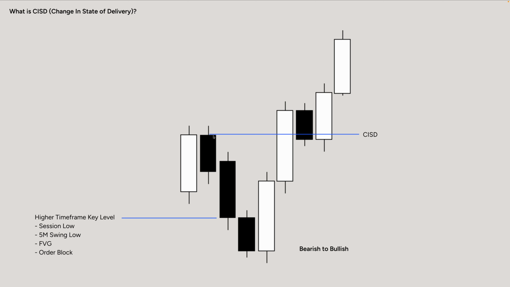So this is the first candle. This is your measurement candle. Again, you mark out the candle body open with a blue CISD line. In this case, you wait for this bullish candle to close with its body above the CISD line. That is a confirmed CISD.